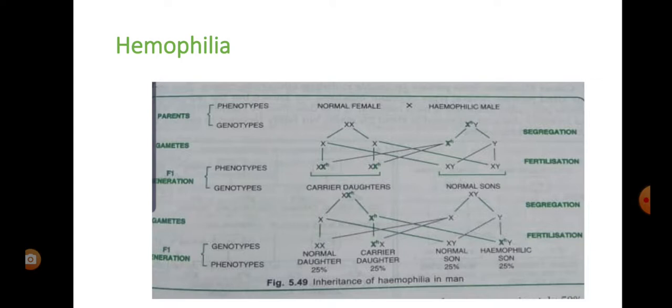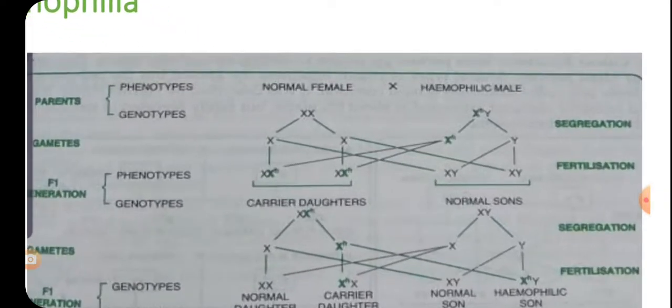Next is the inheritance of hemophilia in humans. First you see a cross between a normal female and a hemophilic male. The hemophilic male is showing XH.